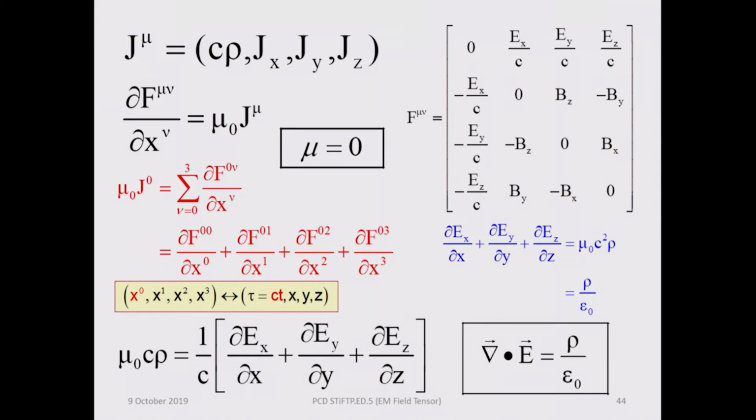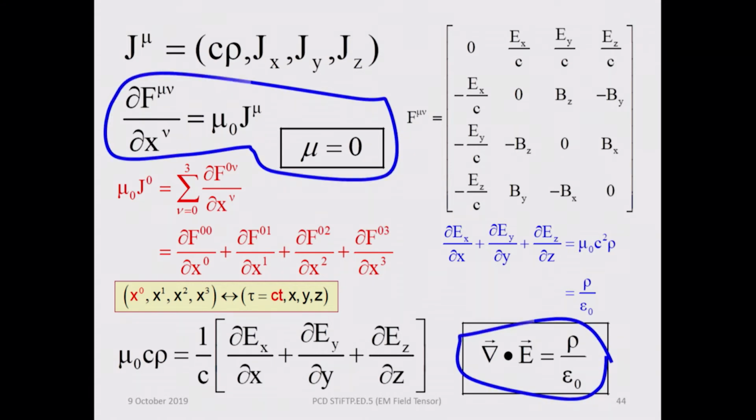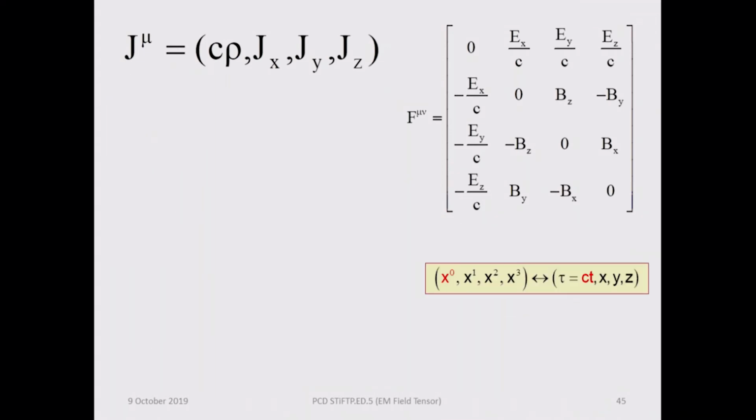This is the same Maxwell's equation, but written in the space time continuum using the tensor notation. So, for mu equal to 0, you recover the Coulomb Gauss Maxwell equation, right.